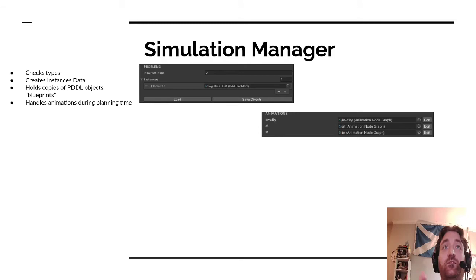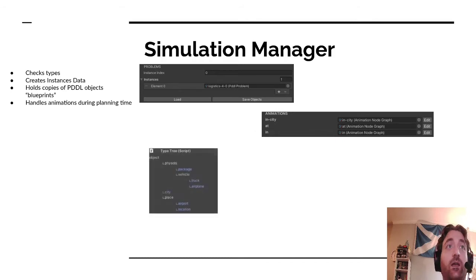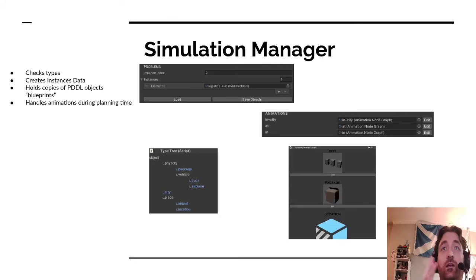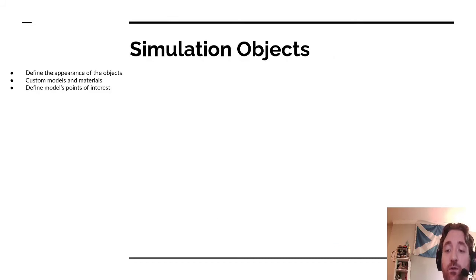Then we have the animations, and the animations are basically the predicates which are going to be animated, and we also have these types that are used for type checking, and the leaf nodes, or the objects inside the problem file, are highlighted in blue here, and these are the simulation objects or problem objects that the user can customize with custom models, shaders, or whatever the user wants.